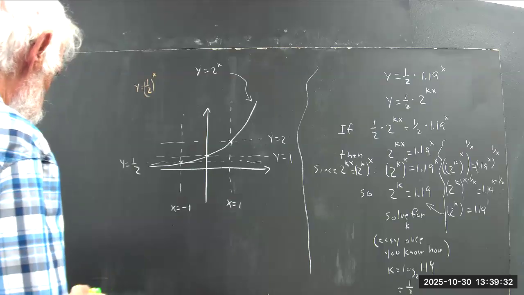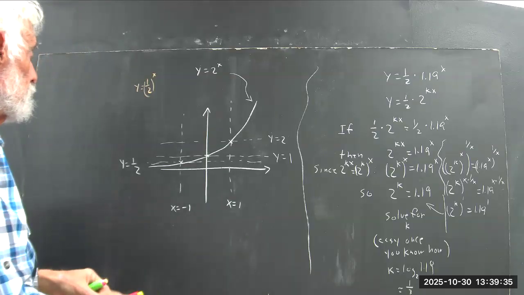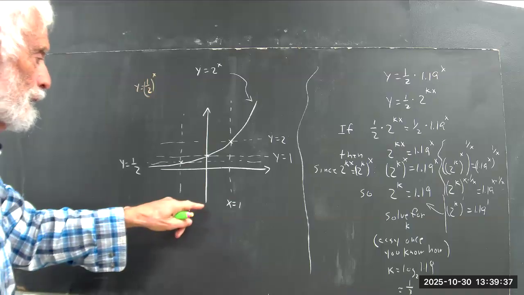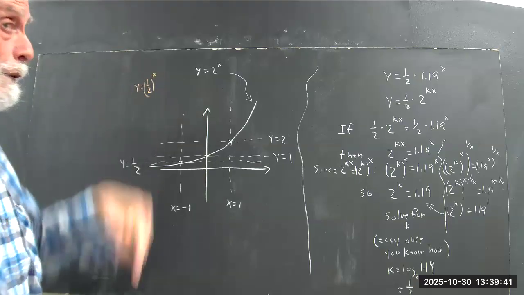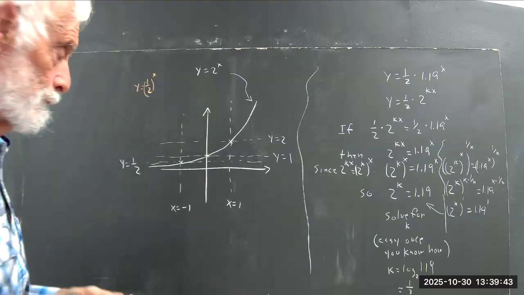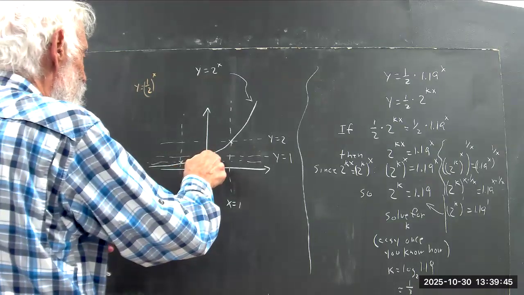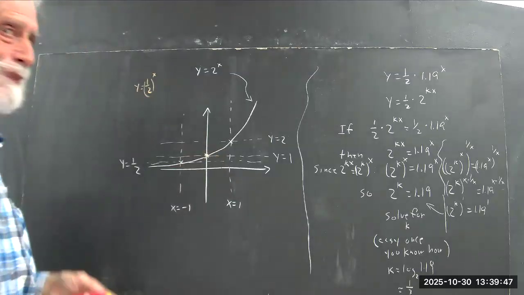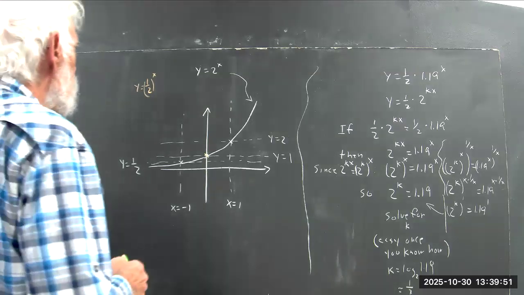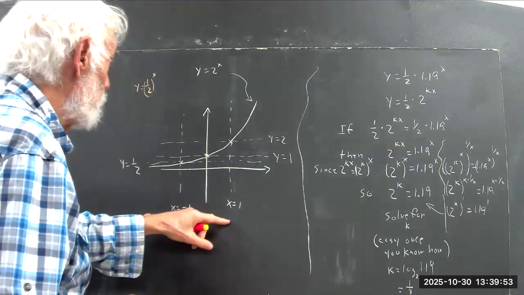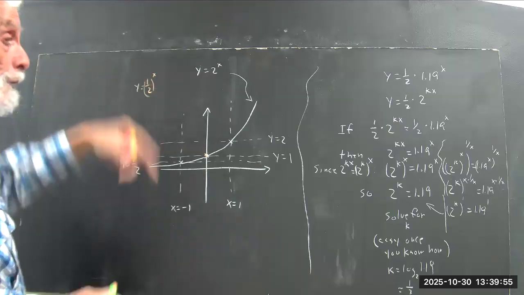Well, when x equals 0, we get 1/2 to the 0, which means we go through this point, okay? When x equals 1, 1/2 to the 1 is 1/2.